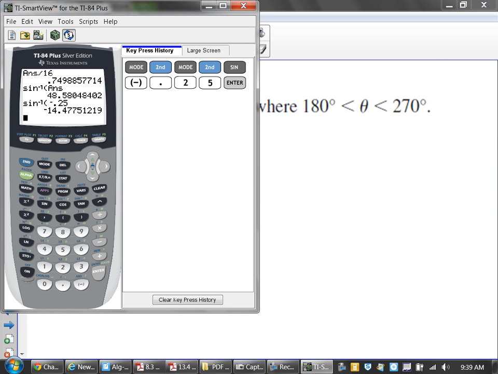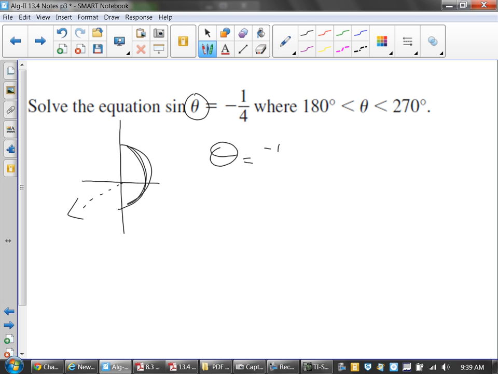So if I'm getting negative 14.48, that puts me into which quadrant? Fourth quadrant. Now, if I'm fourth quadrant here with negative 14.48, do you remember how to figure out the angle measure in here to have the same reference?